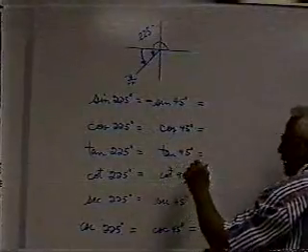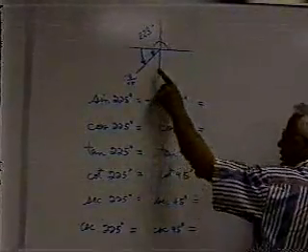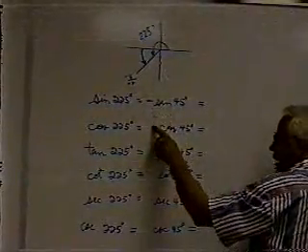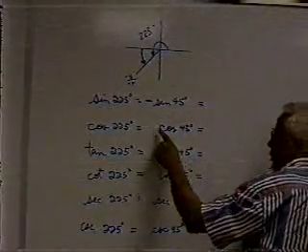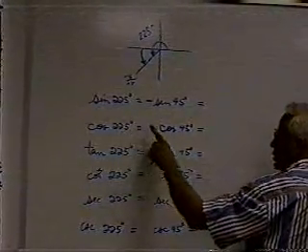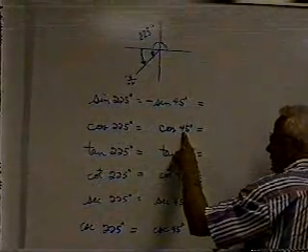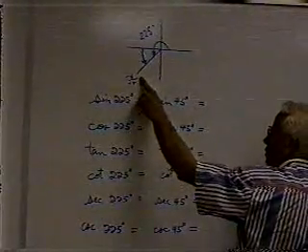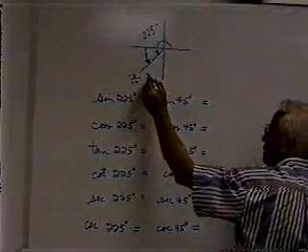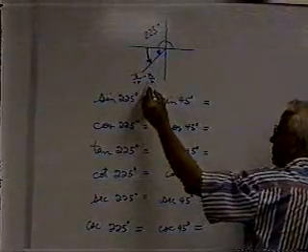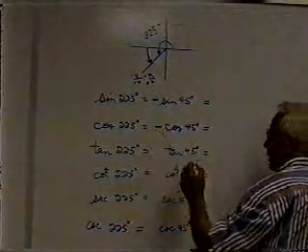The quadrant that it's in is what determines the plus or minus. Okay, cosine 225 degrees is the cosine of 45 degrees, how far it is from the x-axis. Then quadrant 3, cosine is x over r. X is negative, r is always positive, so this is negative.